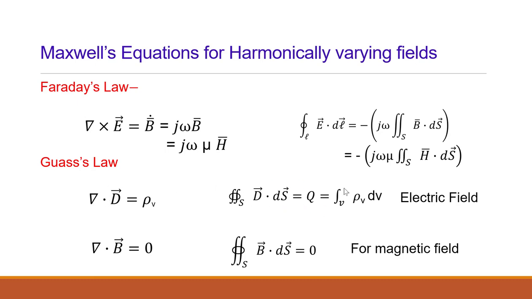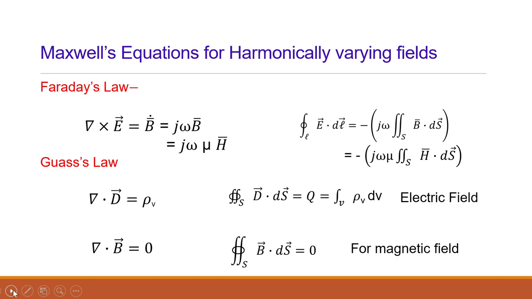But there is no dot sign here in this equation, so we don't have to change anything. So keep this equation as it is. Next, Gauss law for magnetic field is del dot B bar is equal to 0. In integral form, it is closed integration of B dot ds is equal to 0. Again, there is no dot variation, so this equation will remain as it is.